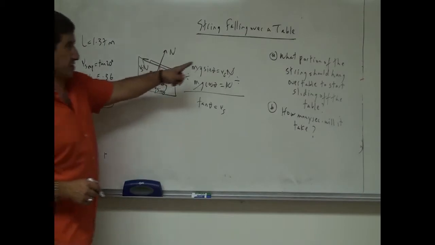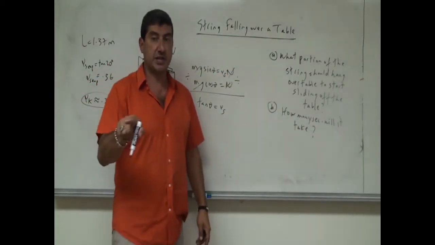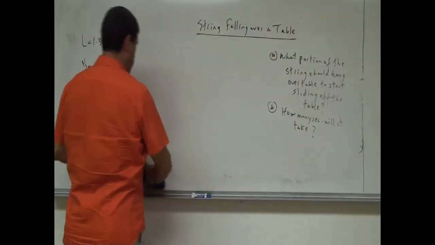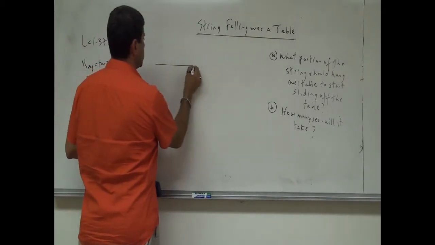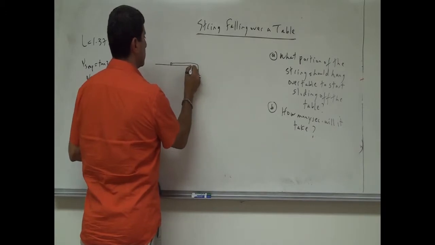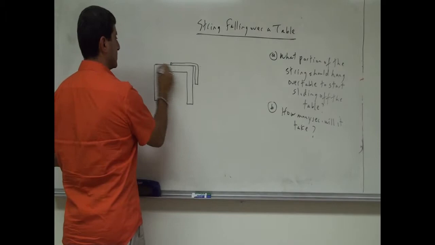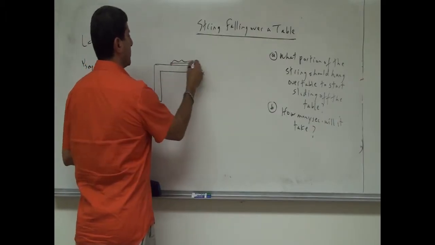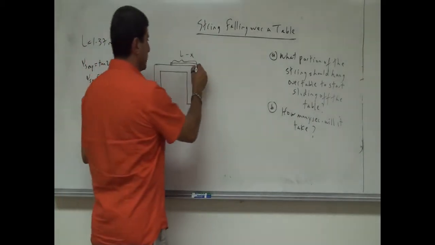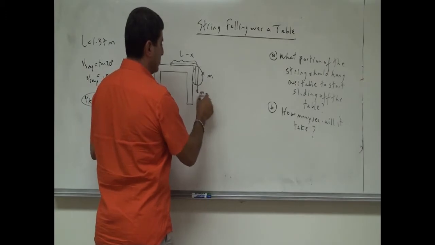Now, to answer part A, we just need the coefficient of static friction, not the kinetic friction. So how are we going to solve that? Let the portion of the string lying over the table be x, and then the portion hanging is L minus x. The weight of the hanging portion depends on the mass of that portion times gravity, mg.